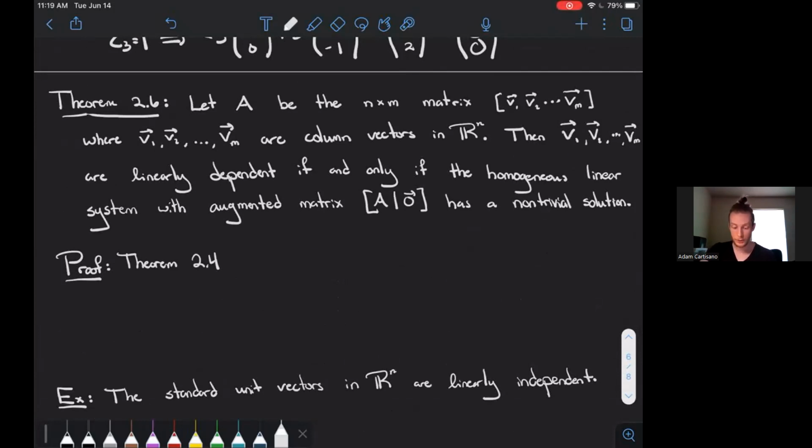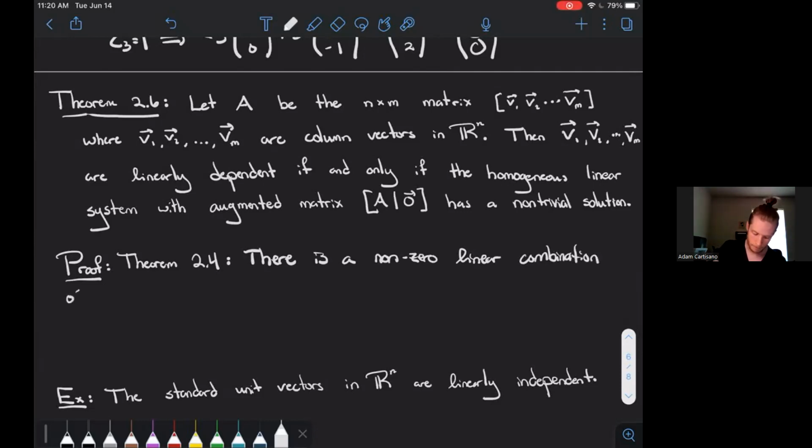But because we're assuming that the vectors v1 through vm are linearly dependent, that means there's a non-zero linear combination of v1 all the way up through vm which produces the zero vector.